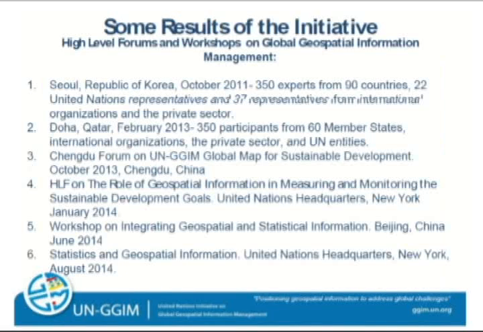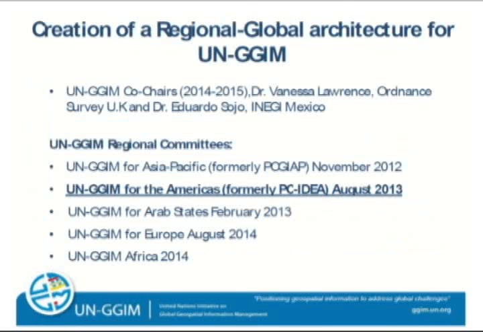And some high-level forums, the one in Seoul, another in Doha, Qatar, another in Chengdu, the high-level forum that we have in the United Nations inside the working group for sustainable development, and 2 more workshops that we're going to have, one in June in Beijing for the integration of statistical and geospatial, and another one for statistics and geospatial, which is going to be in New York in August.